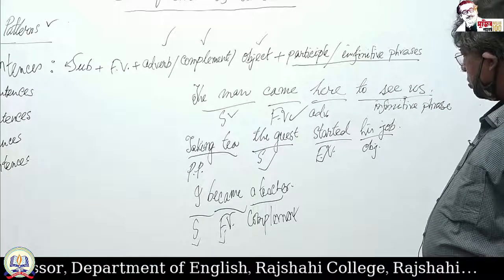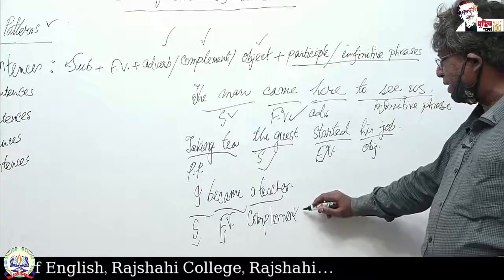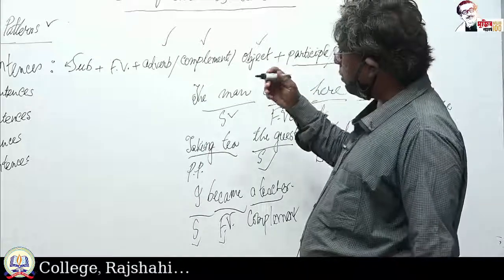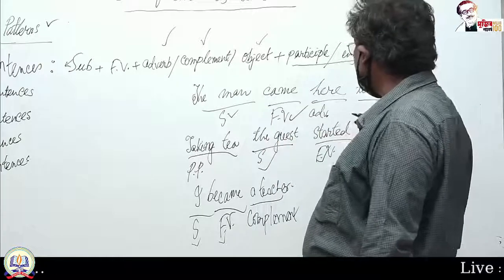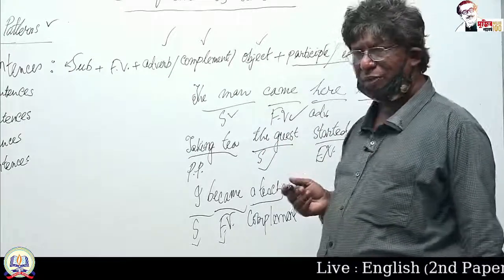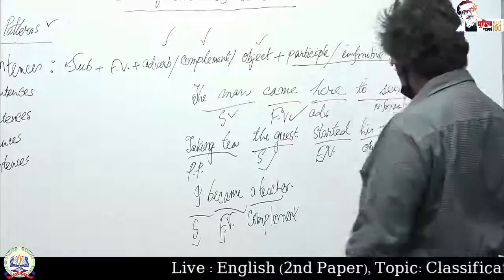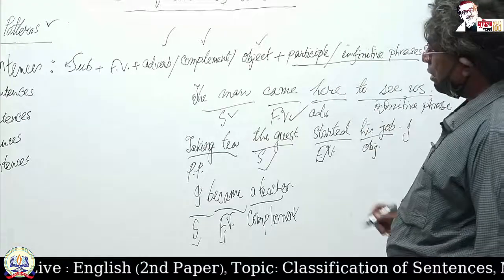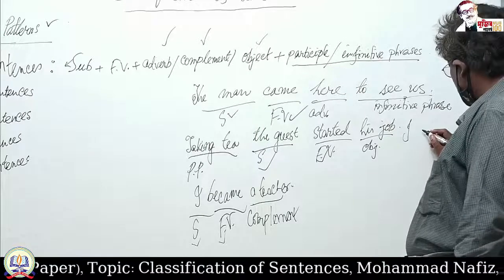Apart from those, in different sentences, you may get the elements like adverb, complement, object, participle, infinitive phrases, etc. Even there can be some assertive sentences without any additional extension, such as I sleep.